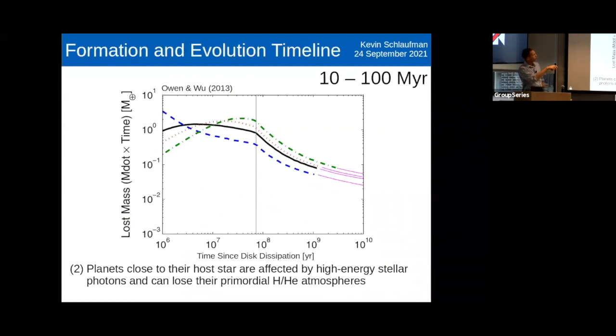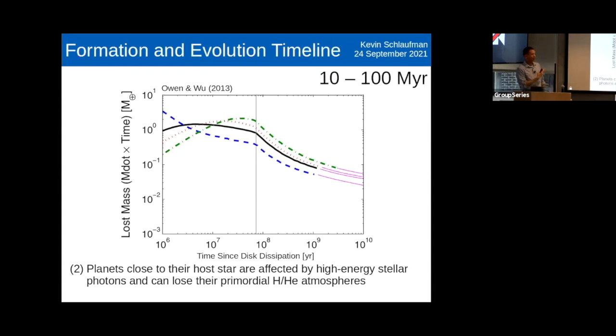And so this diagram has 3 different models for the amount of mass that's lost in a given time interval for a planet that's a ball of rock with some hydrogen and helium on top. And the amount of mass loss peaks in the range around a million years in the system's age.